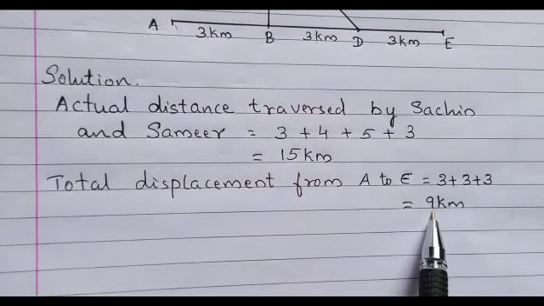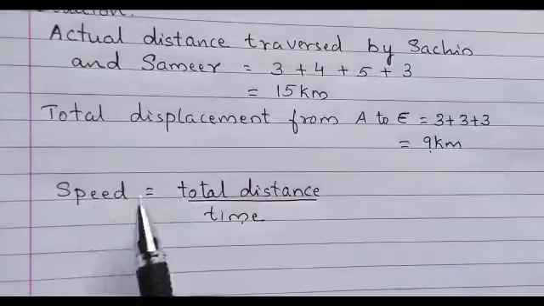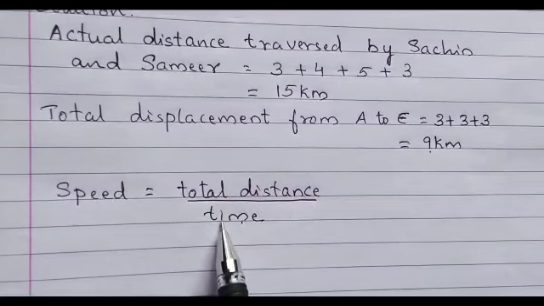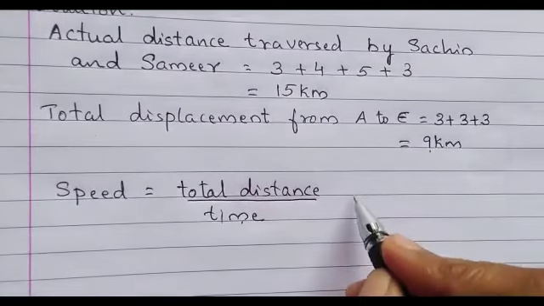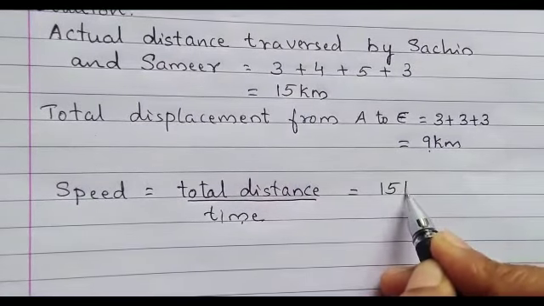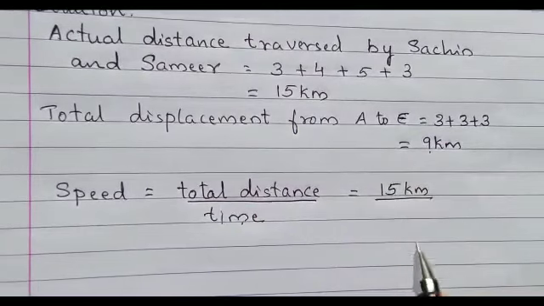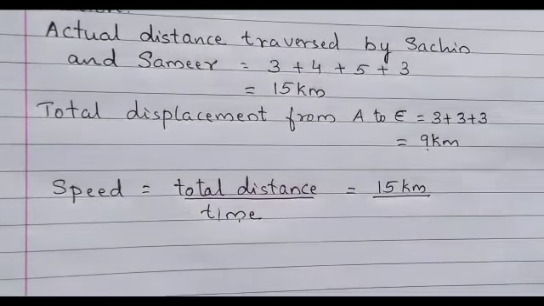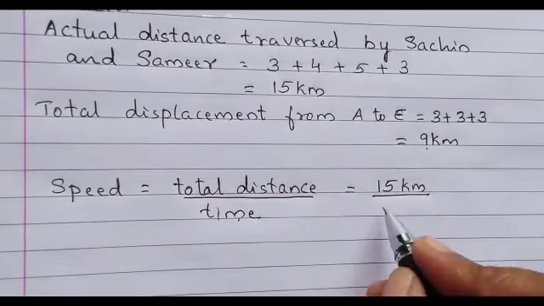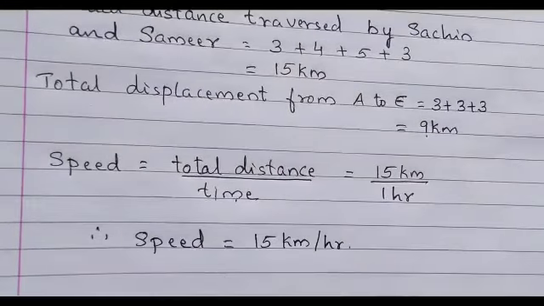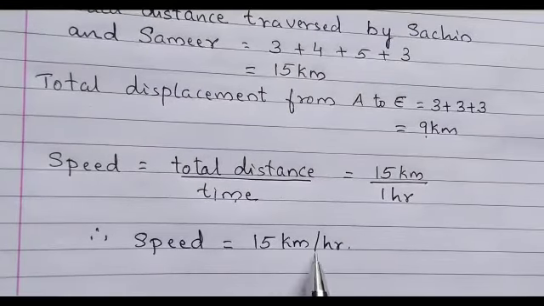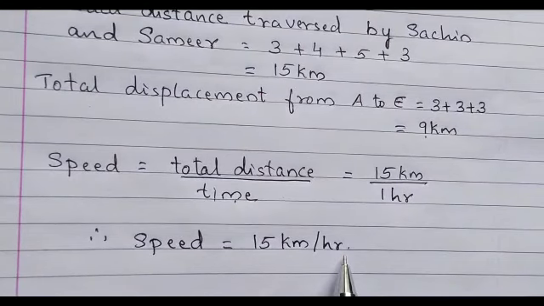Now let's find the speed and velocity. Speed is equal to total distance upon time. What's the total distance? That is 15 kilometers divided by the time taken, which is given in the question as 1 hour. So you can write speed is equal to 15 kilometers per hour.